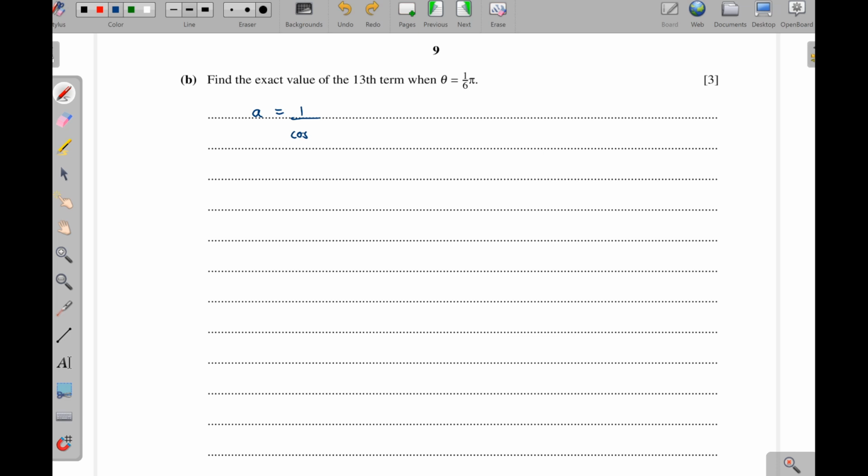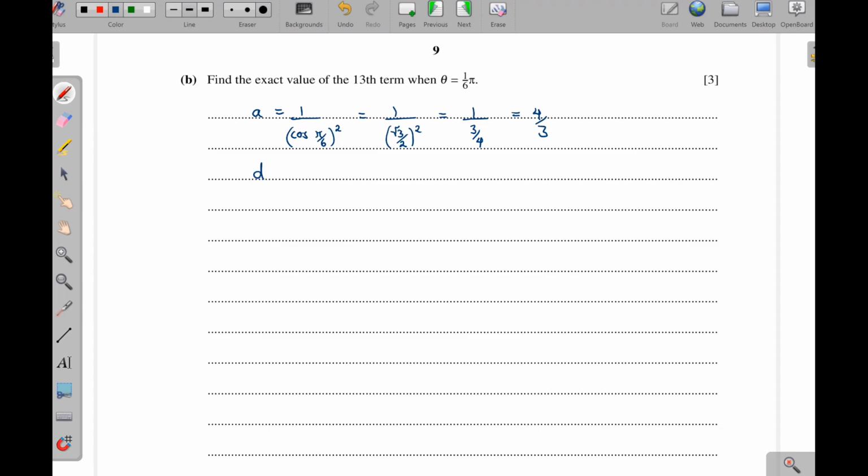So this is 1 over cos of 30, which is root 3 over 2, squared. So we square it, then we shall get 1 out of 3 over 4, then somersault this one here, then we shall get 4 over 3.